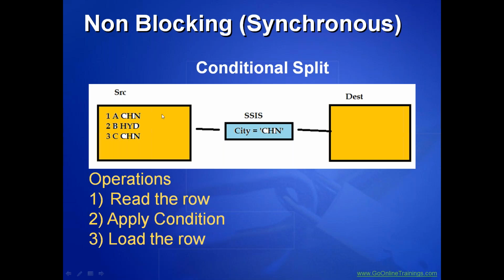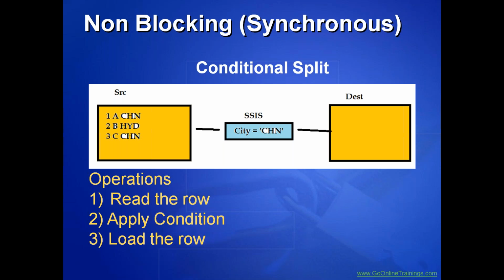You're not going to be blocking anything anywhere. It is what is called a row transformation, or a non-blocking transformation, called a synchronous transformation. Read, do some action and load. You're not going to keep anything in the RAM or in the cache. So a non-blocking, synchronous transformation doesn't need any buffer, does not need any kind of RAM space. Clear? Because you're not going to block anything anywhere.